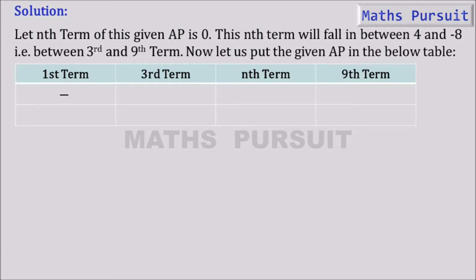Now putting first term as blank, third term is 4, and 0 to the nth term, and minus 8 under the ninth term. Now naming A1, A3, AN and A9 to the first, third, nth and ninth term respectively. So guys, we are naming A1, A3, AN, A9 so that it would be easy for us while doing the calculations.